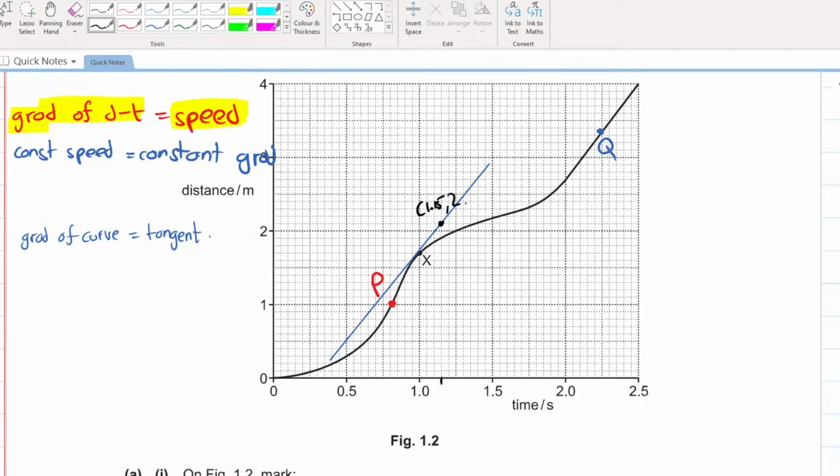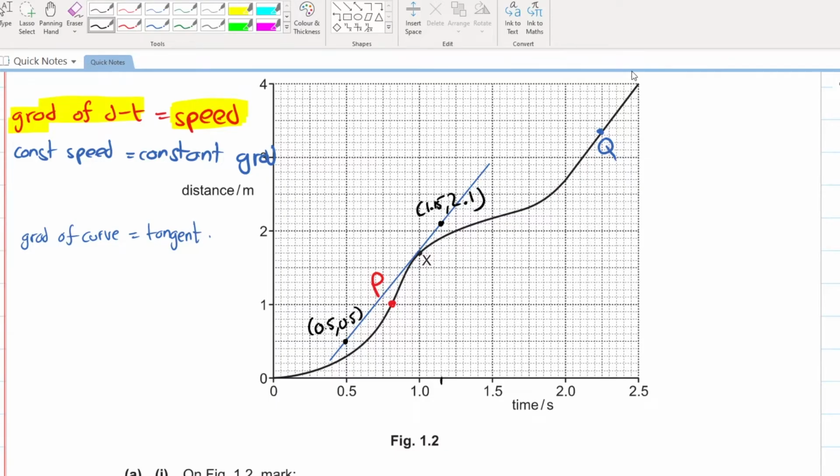Perfect. What is another point that we can take here? Maybe this point. This is 0.5 in the x-axis and 0.5 in the y-axis. Can I calculate the gradient here? Yes. Let's calculate the gradient.